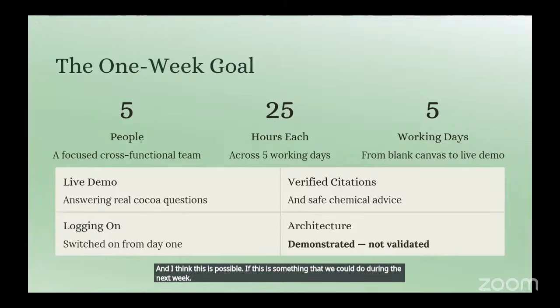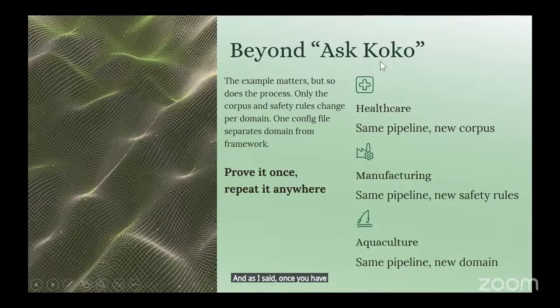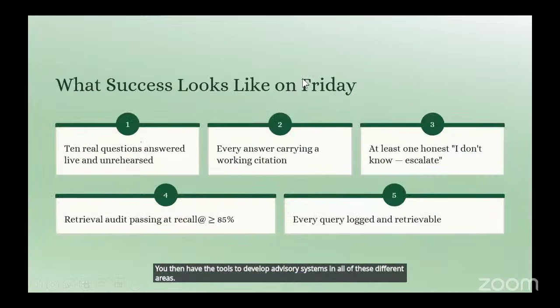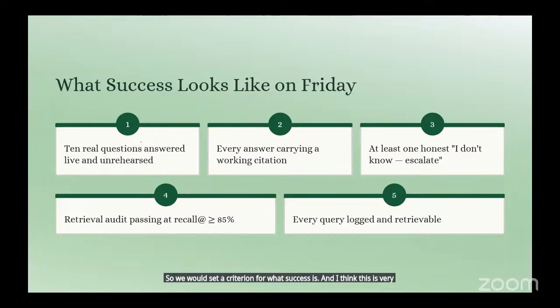As I said, once you develop one of these advisory systems, you then have the tools to develop many, in all of these different areas. We would set a criterion for what success is. I think this is very ambitious. It might take more than 1 week, but I would like to see if I can get together a team that is willing to do this.